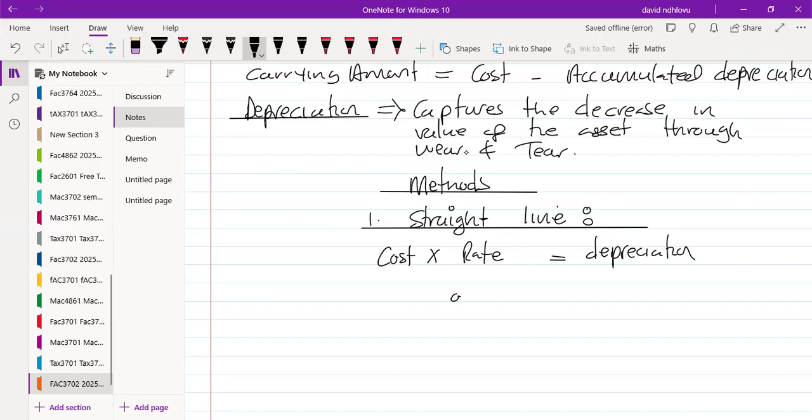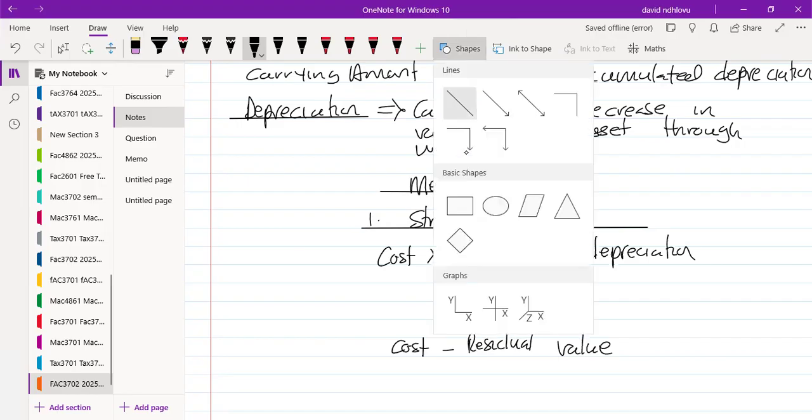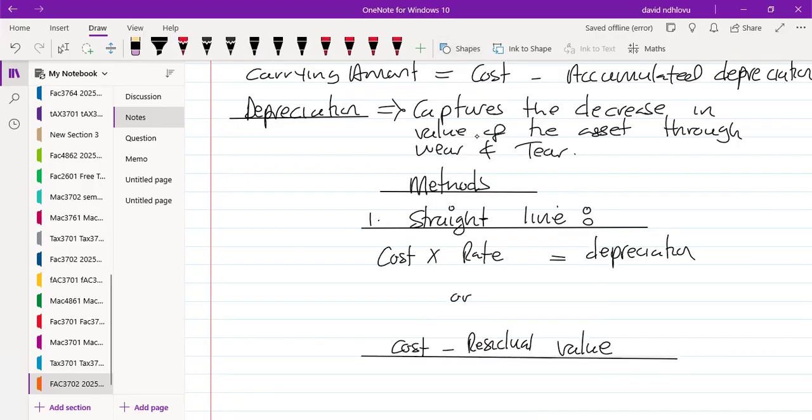Or we can calculate it by saying the cost of the asset less residual value, then all of this divided by the useful life of the asset, the remaining useful life of the asset, and then we'll be able to get the depreciation amount. These two are one and the same.